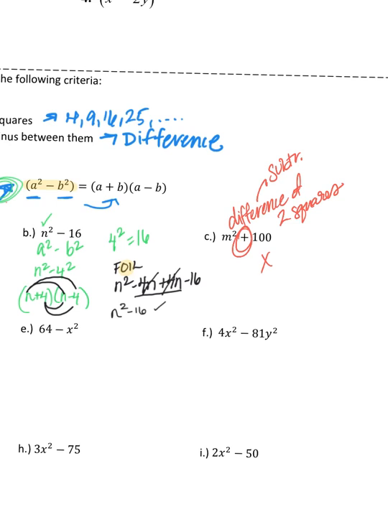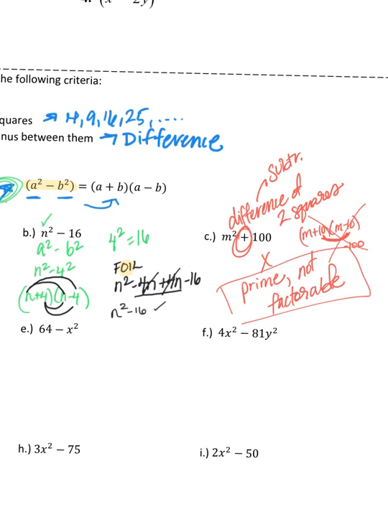So what this actually is, is prime. This is something that is not factorable, because if you looked at it as possibly m plus 10 times m minus 10, remember when you multiply the 10 times negative 10, that gives you negative 100. This is a positive 100, so that's why this doesn't work here. So we would say prime, not factorable.